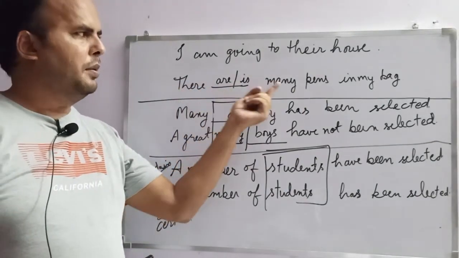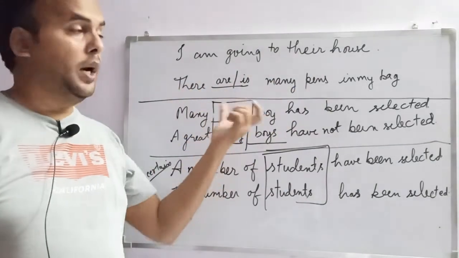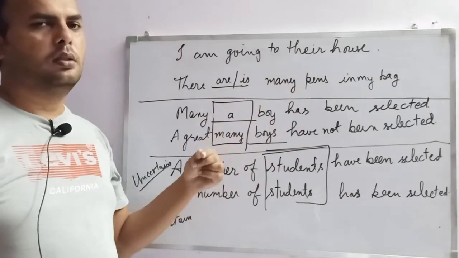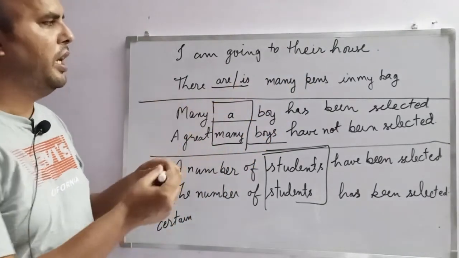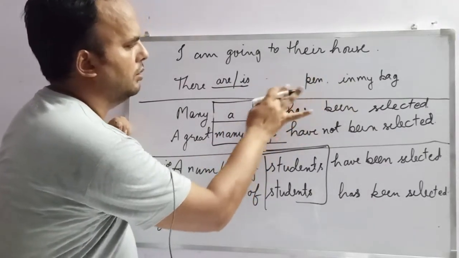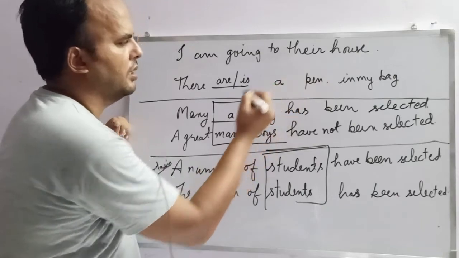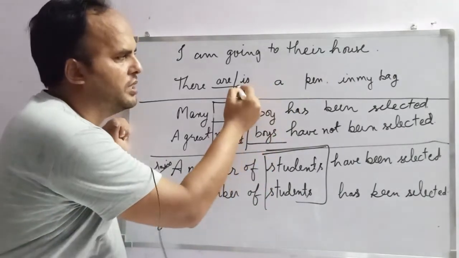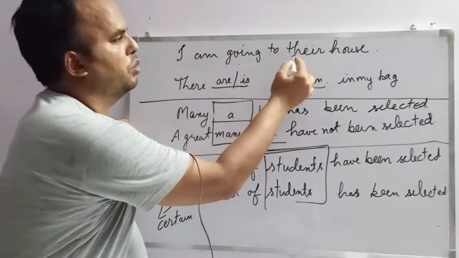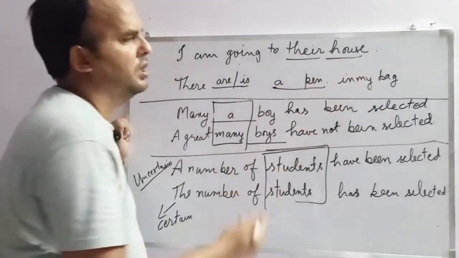There are many pens. Why? Because pens are plural. If I say there is a pen. Why is? Because that is singular. I am going to their house.